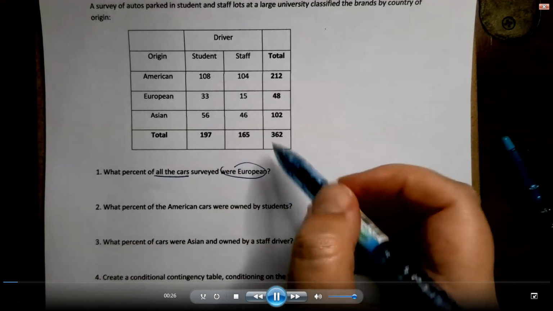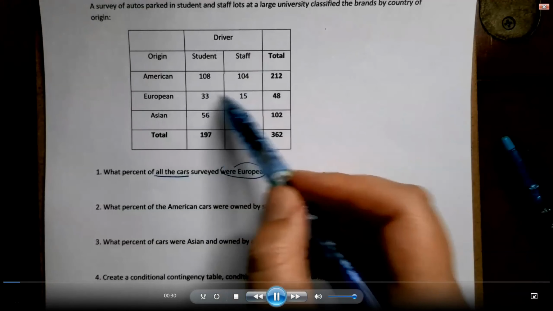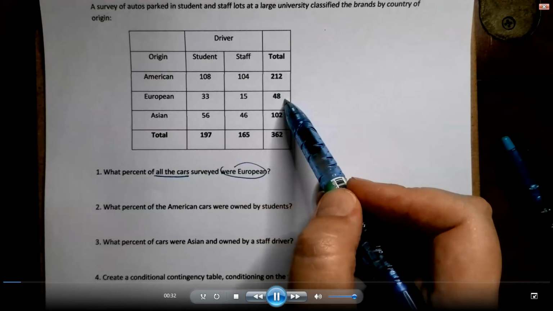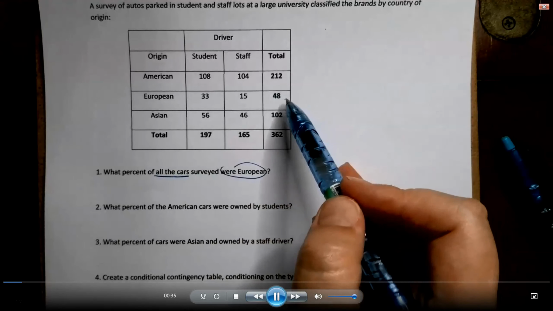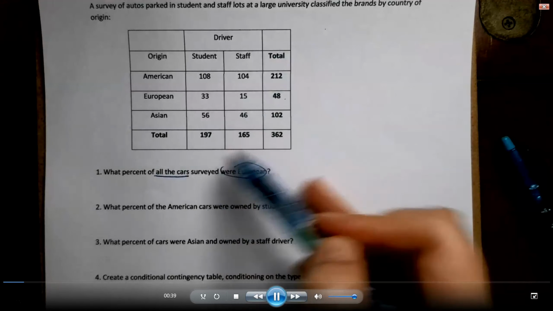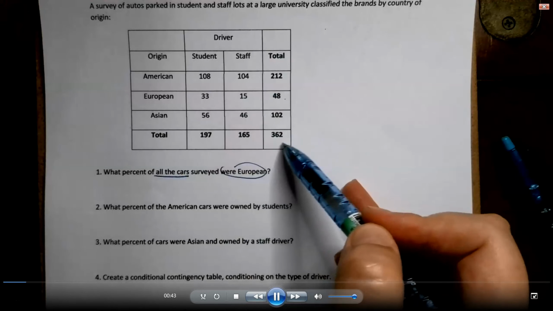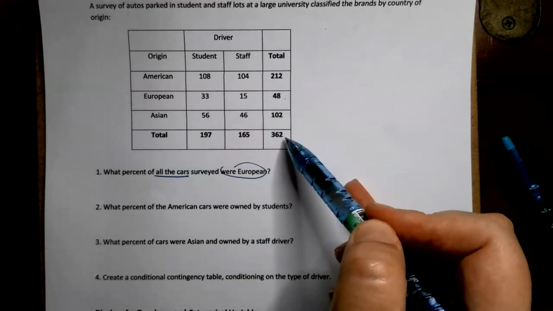So we go to our original table and see the total for European cars is 48. Because they're talking about out of all the cars, our total is going to be 362.